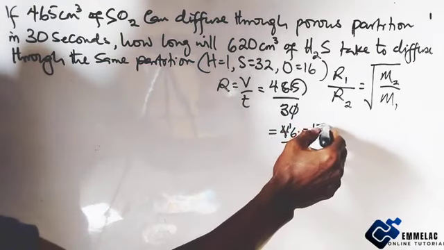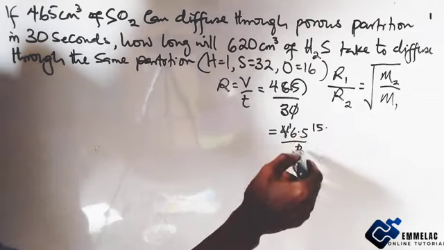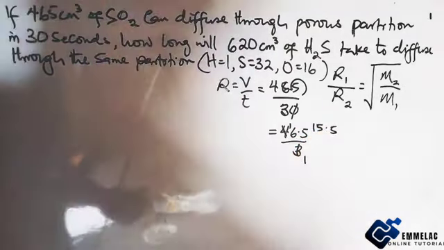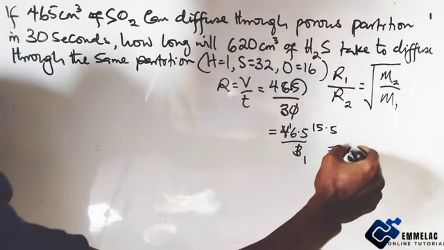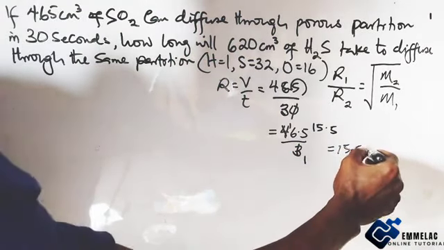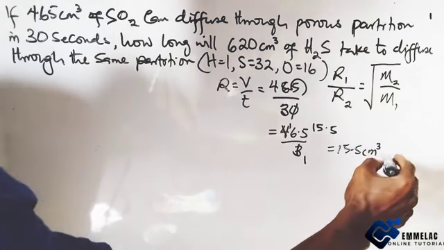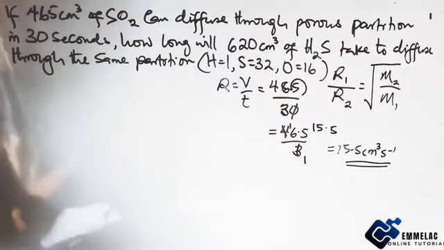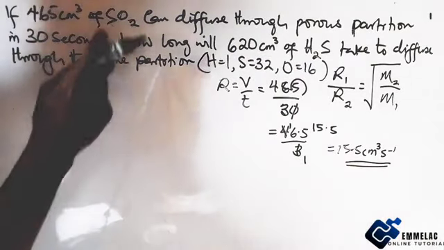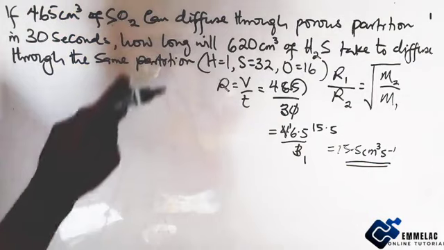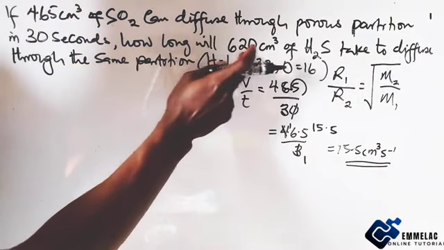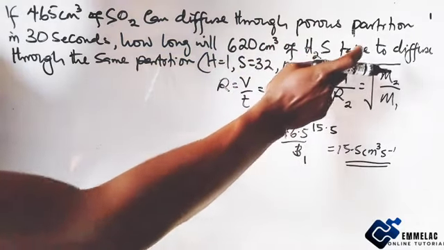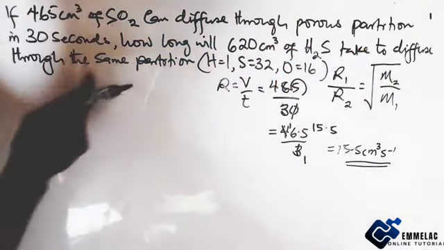In 16 is 5, remainder 1. In 1 impossible, and in 15 we still have 5. So the rate here will be 15.5 centimeter cube per second. Now this is the rate for sulphur oxide. Now we ask how long will 620 centimeter cube of hydrogen sulfide take to diffuse through the same partition.